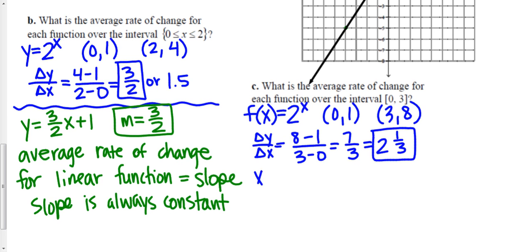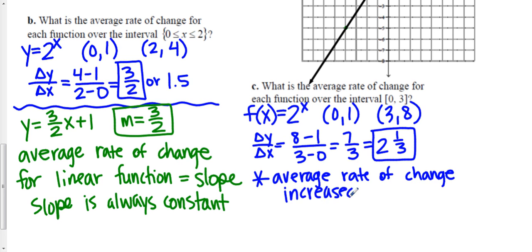What we're going to make a note of, since it's our notes, for these exponential functions, average rate of change has increased because we have an increasing function. But really, the other key thing is that it is different than our first average rate of change that we established with a different interval.